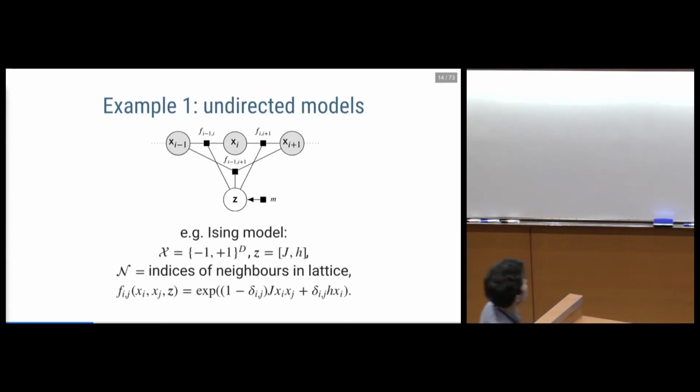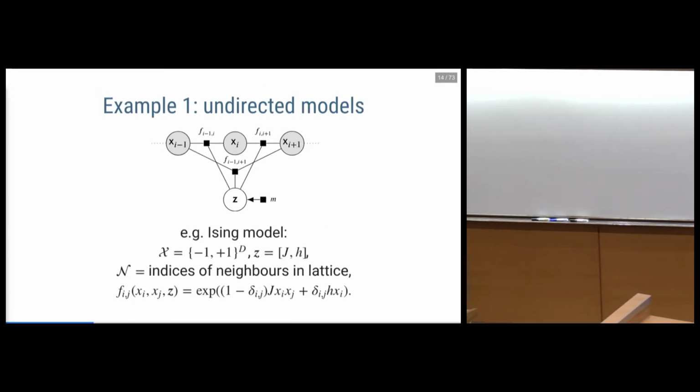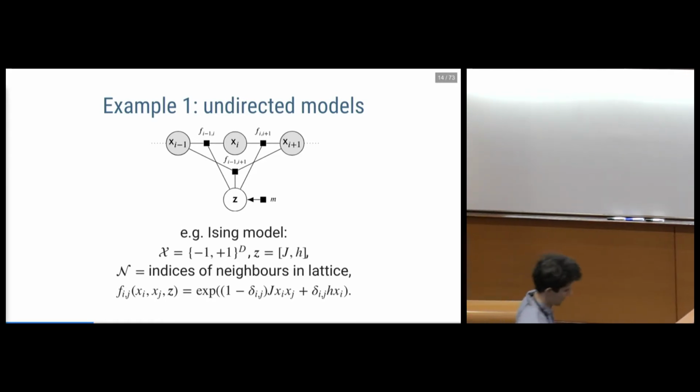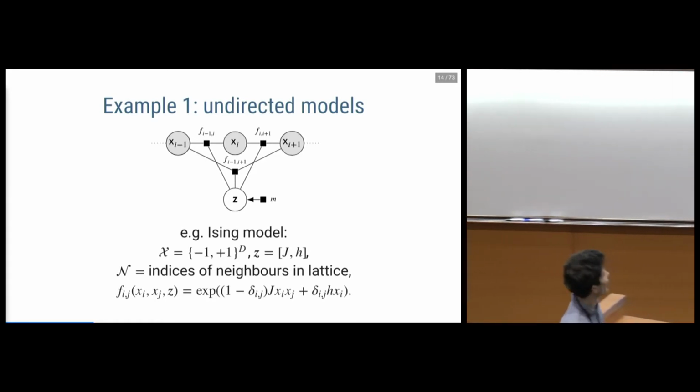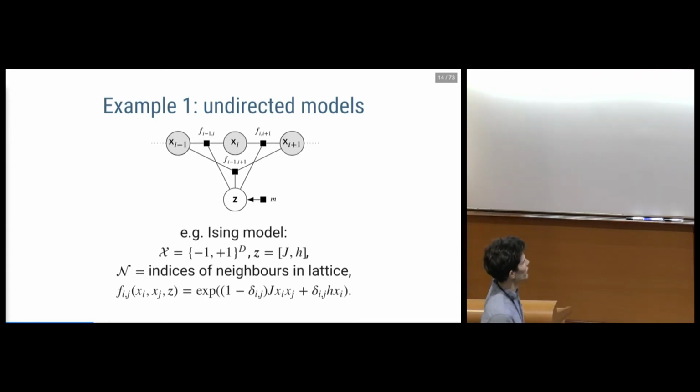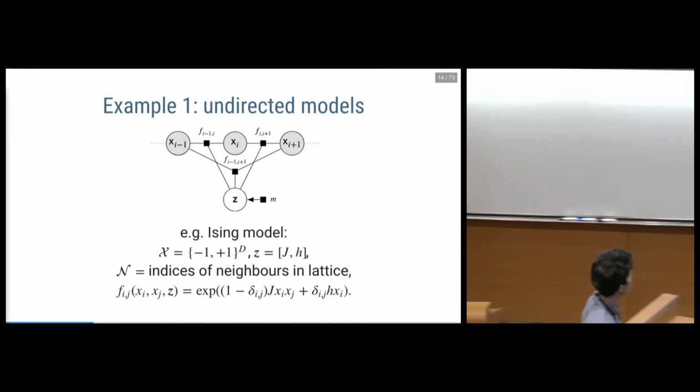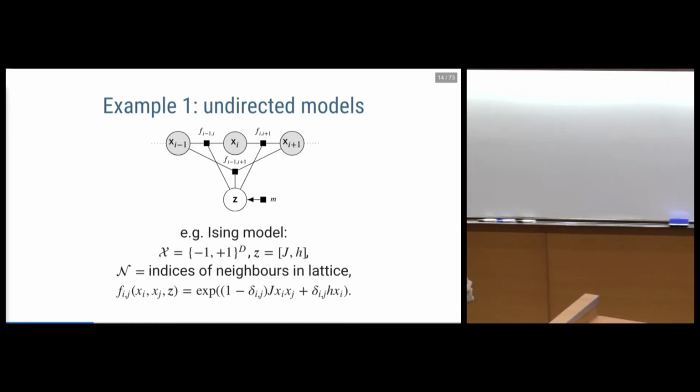So the prototypical example of this in a discrete space setting is the Ising spin model. Here our state space for one of our x's is a binary vector. Particularly in the case of Ising models, we typically consider these binary variables as being distributed across some sort of spatial lattice.